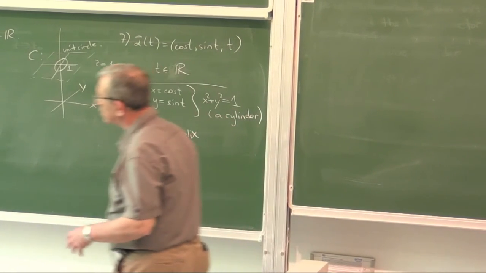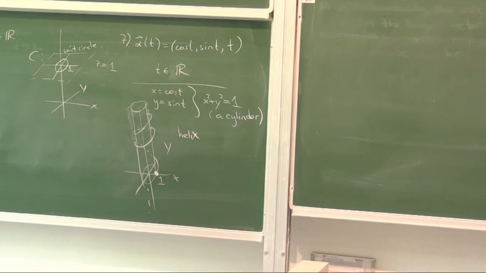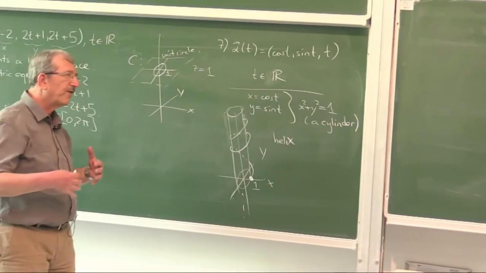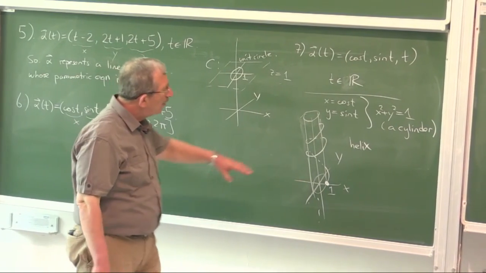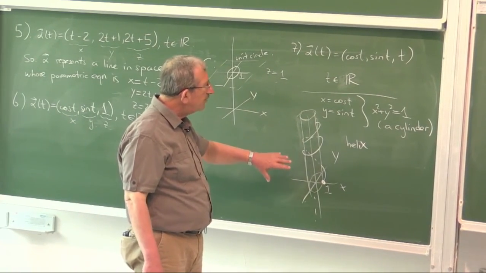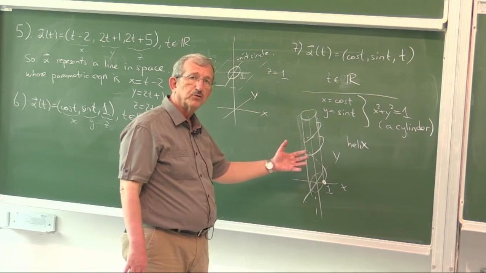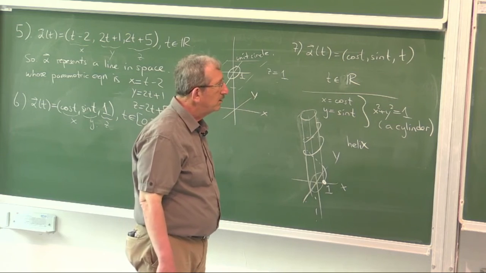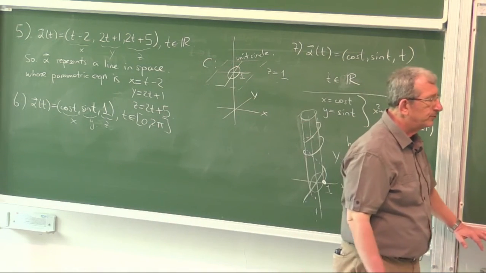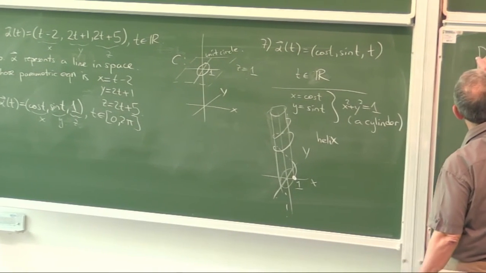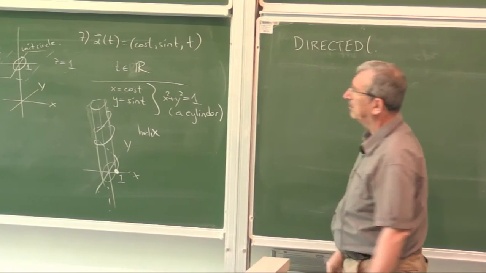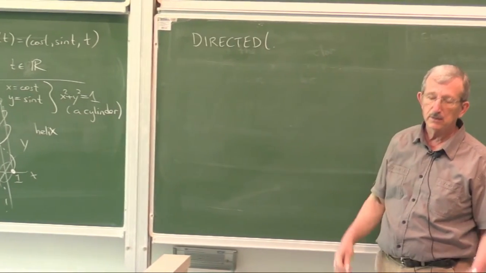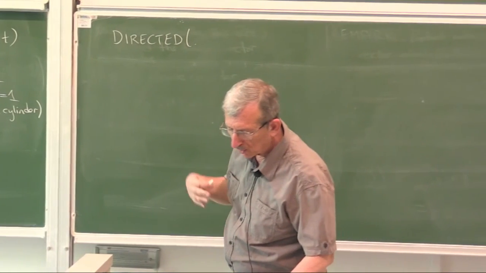Now, so far, we saw a lot of examples of curves in space or in plane considered as the range of continuous functions on intervals all the time. Now, let us try to assign a direction to the curves we have. These will be directed curves. So I will give the title directed, but actually a more common term is orientation.